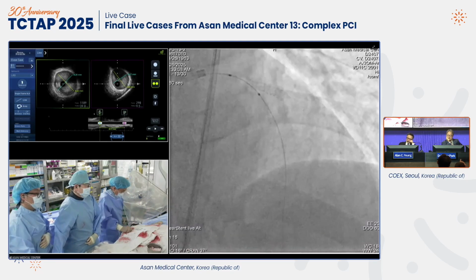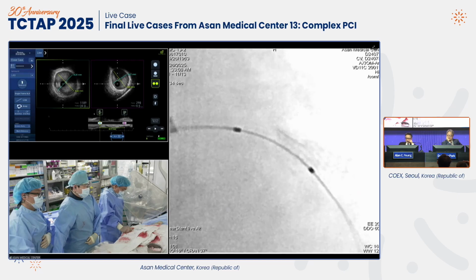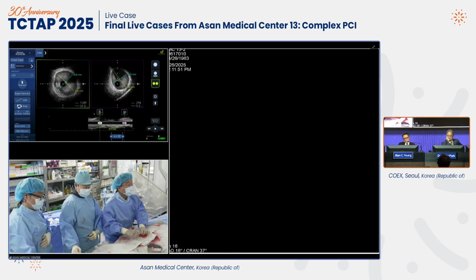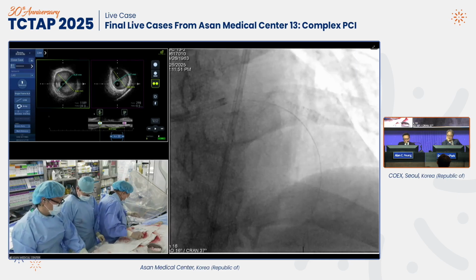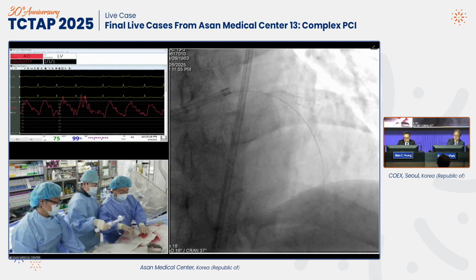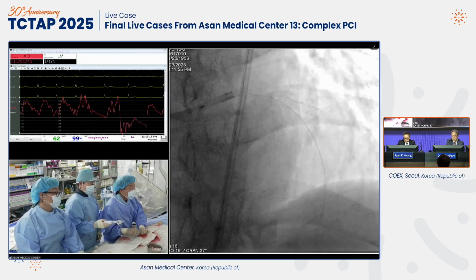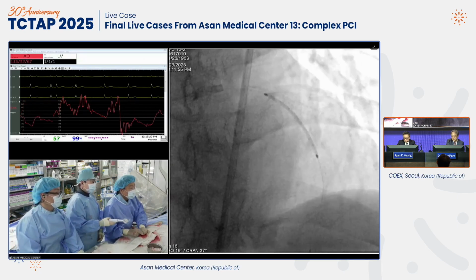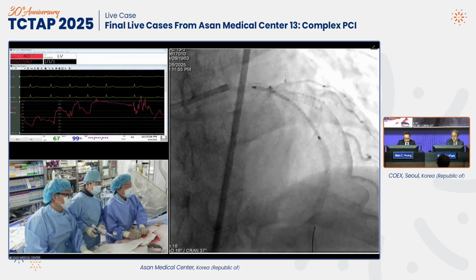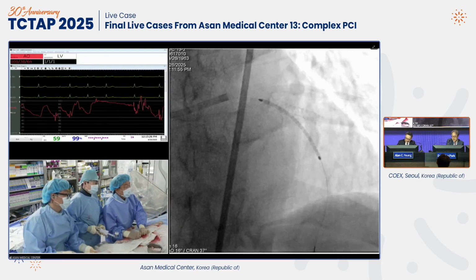All right, so we're gonna shorten our procedure, and so Dr. Ahn will give us. Okay, we're gonna prepare a main branch LAD stent after the balloon crush. Yeah, this is a main branch stent, 3.5 and 33 millimeter. All right, we gotta choose 33.